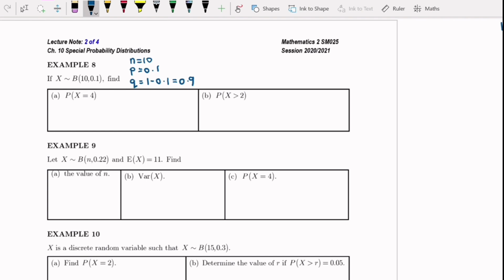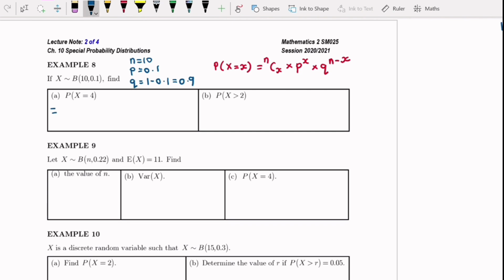To answer question A, probability X equals 4, we can simply use the formula P(X = x) equals nCx times p to the power of x times q to the power of n minus x.